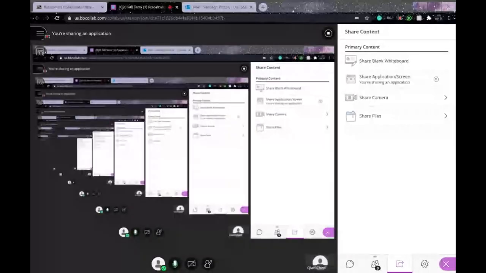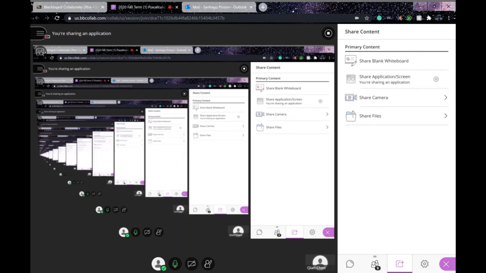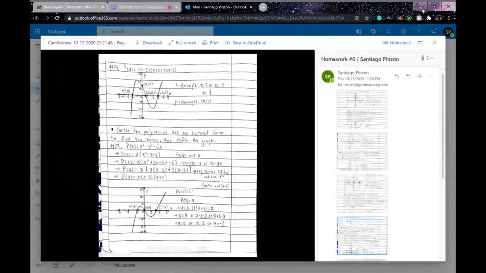So can you share your screen with us? Who's the middle one? Share application screen. Oh, okay. Can you see it? Not yet. My bad.